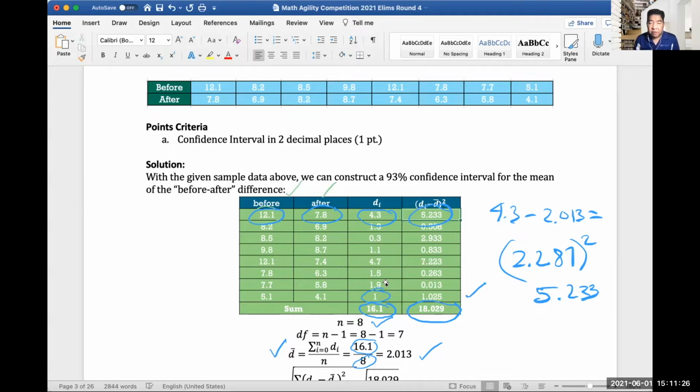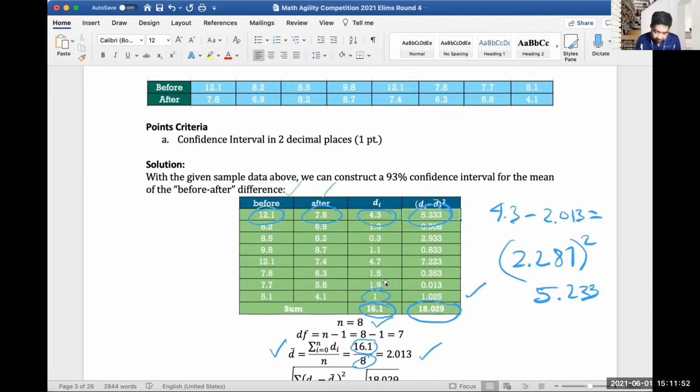We can now use the formula for standard deviation. Actually, in Excel, without even doing this, just drag this information from 5.233 to 1.025 and you would be able to compute the standard deviation already. But I want to show you how to compute it manually, okay?